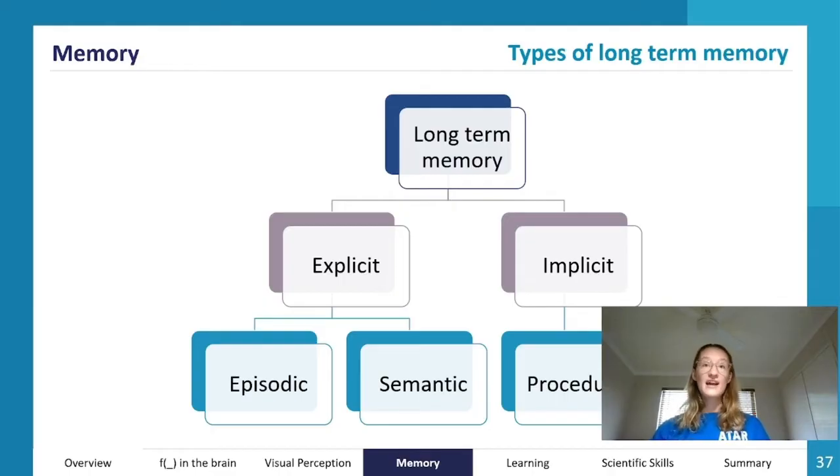Moving back to the other side of our map, we have our explicit memory, which can be broken down into episodic and semantic. So remembering that our explicit memory is our facts, names, images, events. It can be broken down into our episodic, which is memories or events or experiences in your life.